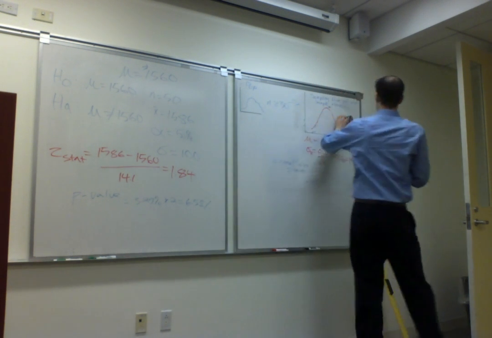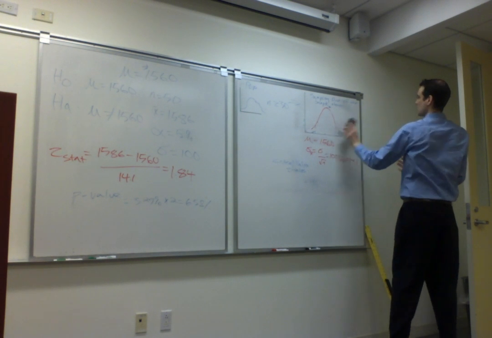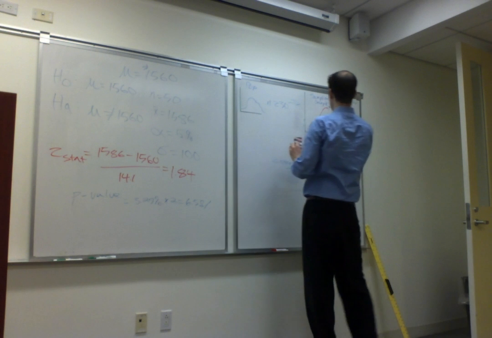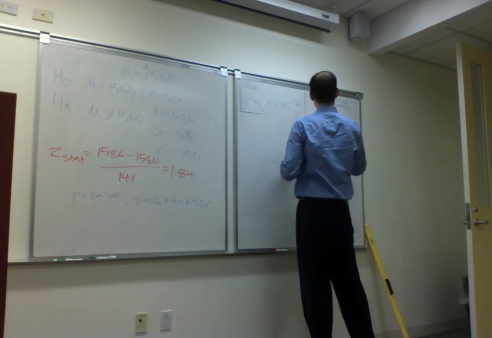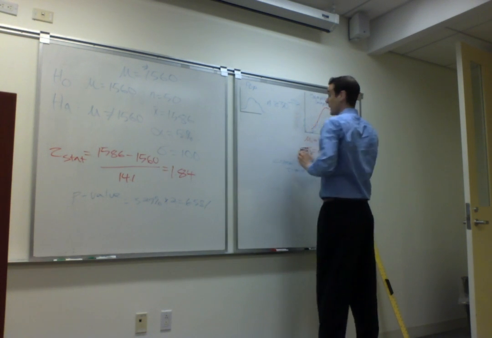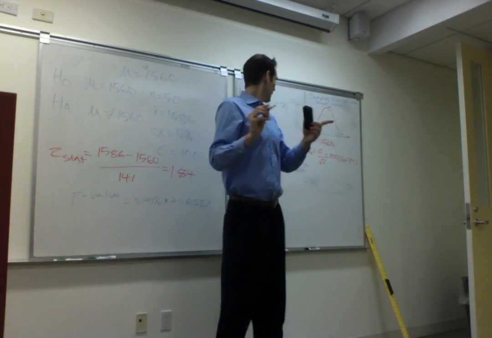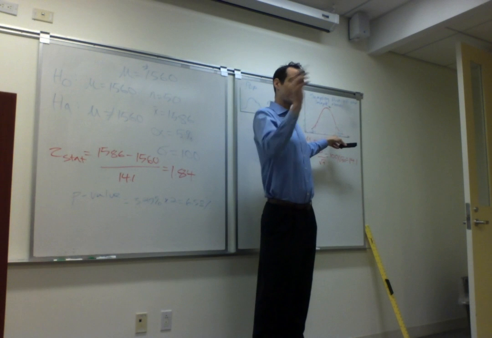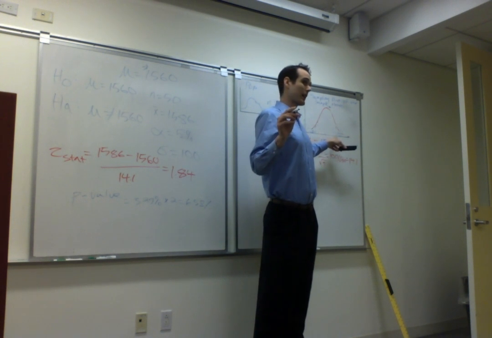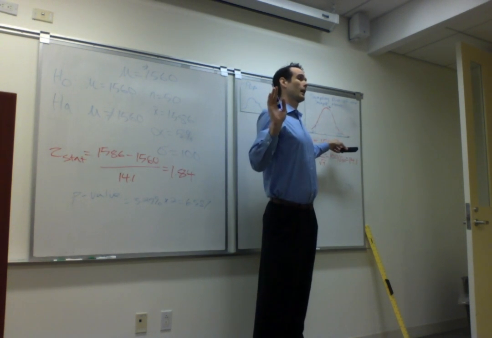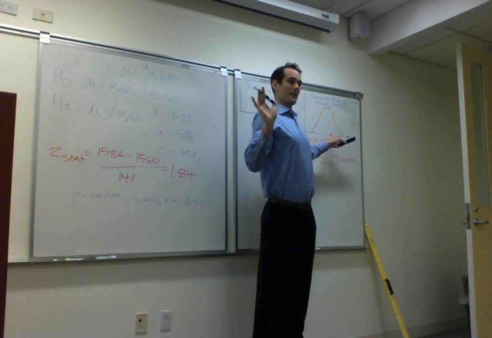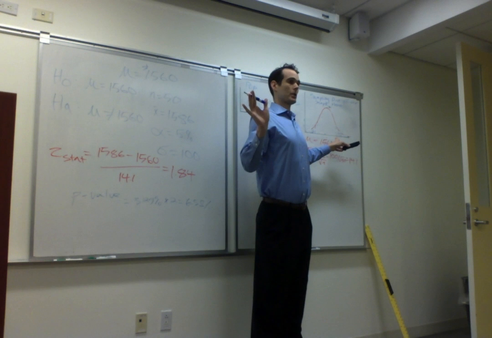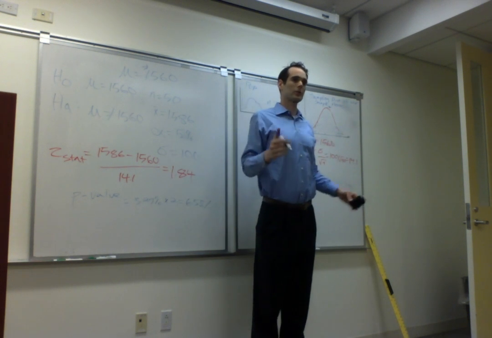Similarly, on the high side, there's going to be 2.5%. And then, as we just talked about, if we were to look up 1.96 on the Z table, it's not going to say 2.5%. It's going to say something else. 97.5%. Because that's just the way the table's constructed.